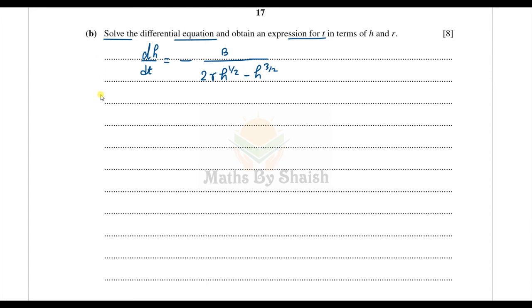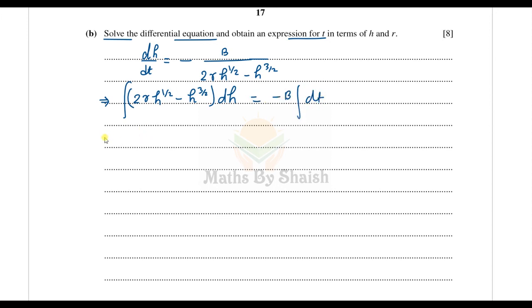So we'll do the variable separable because we can see h here, so dh will be coming with this, so it is 2r h to the power 1 by 2 minus h to the power 3 by 2, and integration of this with respect to h is equal to minus b integration of dt.